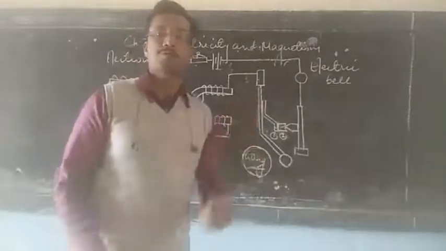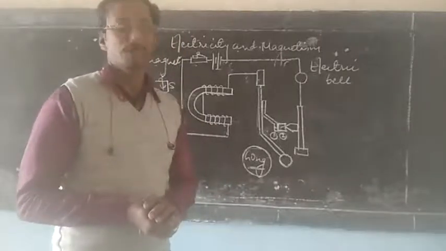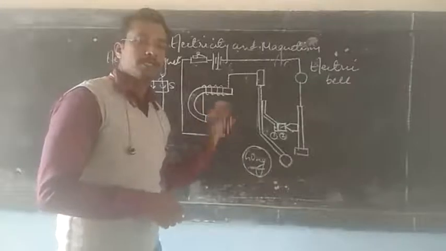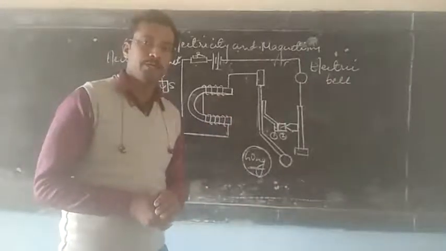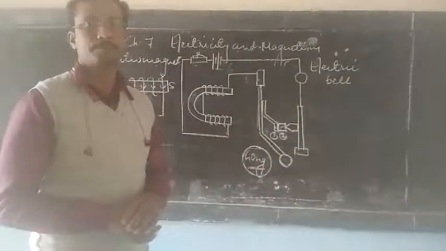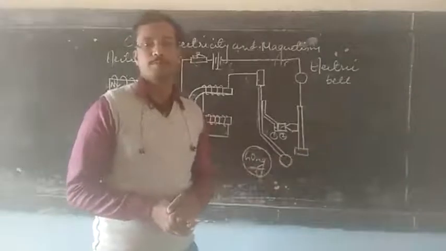As the current stops flowing, this does not remain a magnet anymore. As a result, it will lose its attractive property and the hammer will move towards the right side. It will go back to its position.